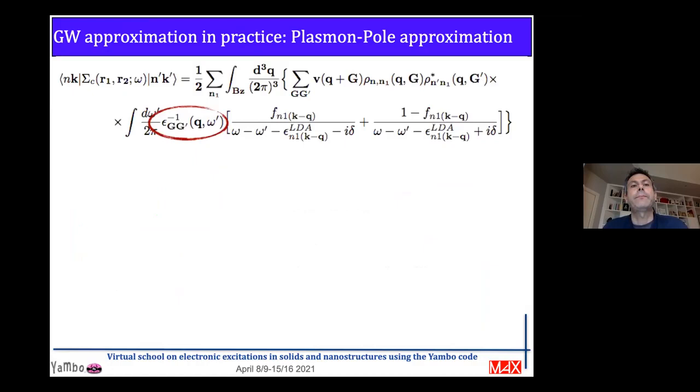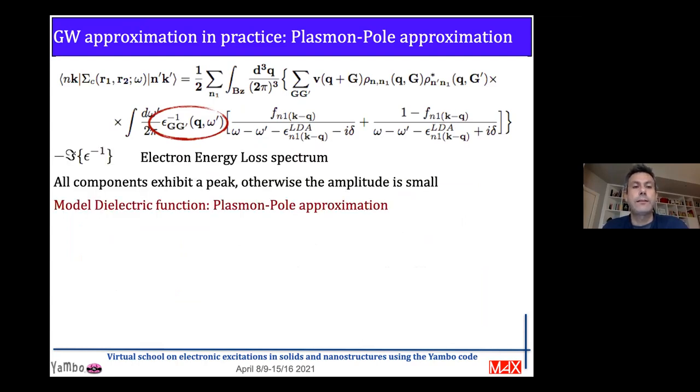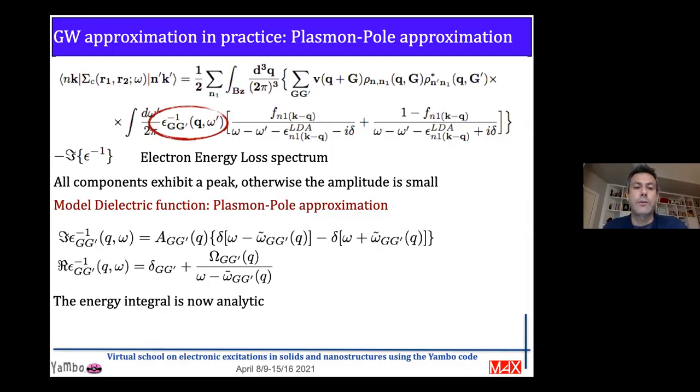Now, for the frequency-dependent part, what is usually done, but not always, is the so-called plasmon pole approximation. We assume that the frequency dependence of the dielectric matrix can be modeled with just one pole. This is the plasmon pole approximation.